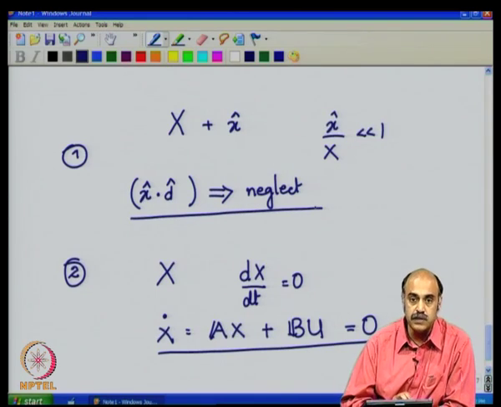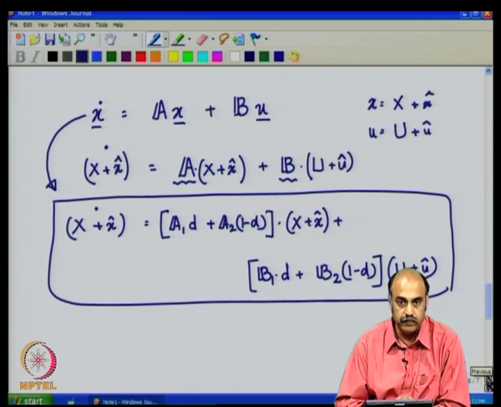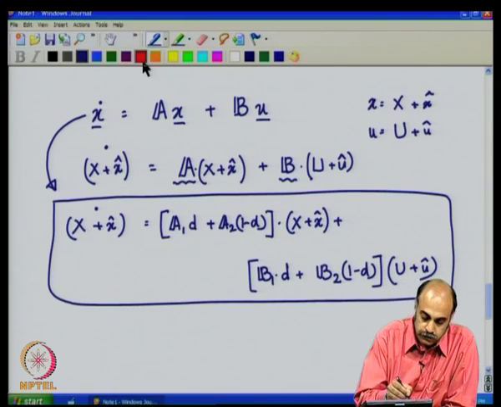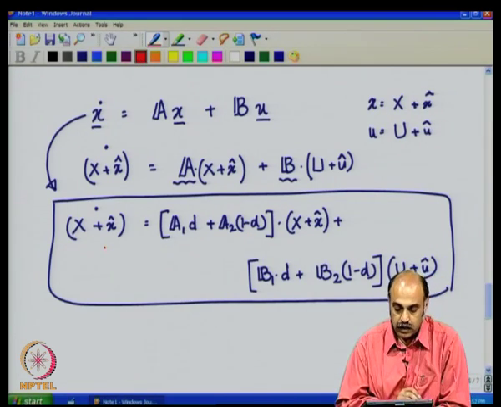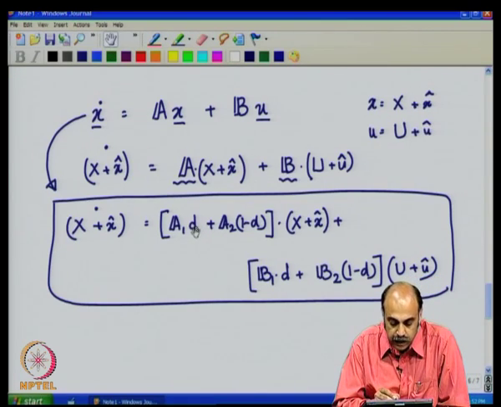Now, using these two, you can apply simplification rules for this, and observe here that we have this d.